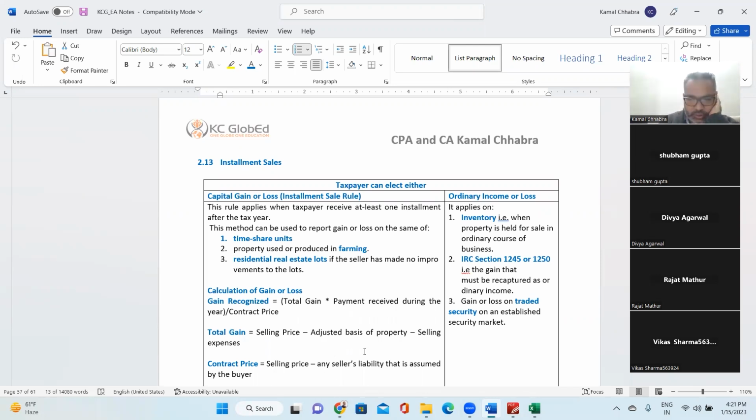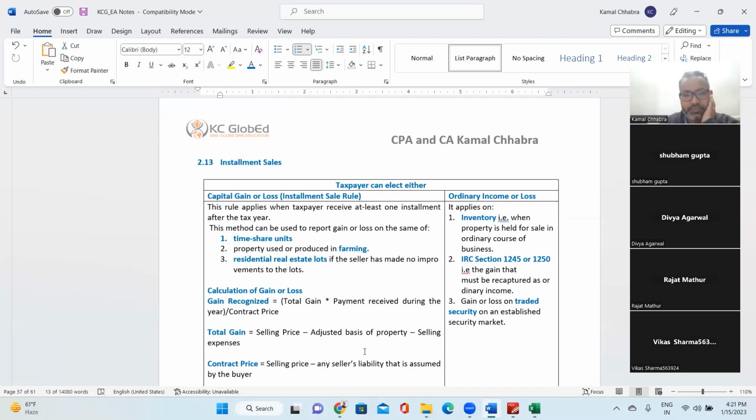Ordinary business income is taxed at a slightly higher rate than the capital gain rate. So in which situation should you, or can you not, consider the installment sale under capital gain?